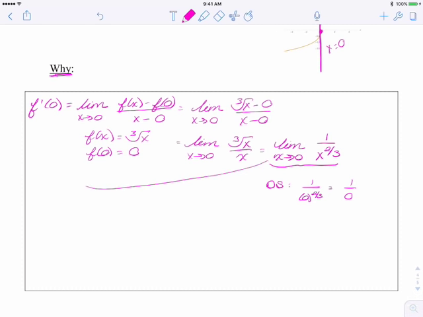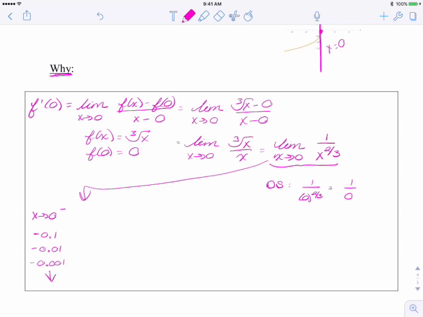In this case, what's interesting is that as we approach 0 from the left, that would be negative 0.1, negative 0.01, negative 0.001, and so forth.